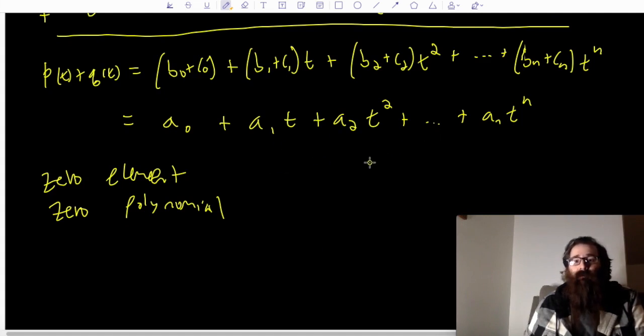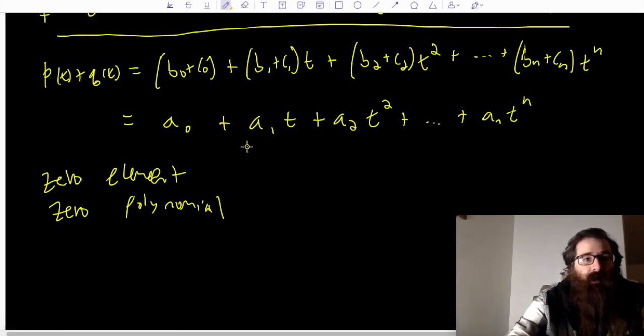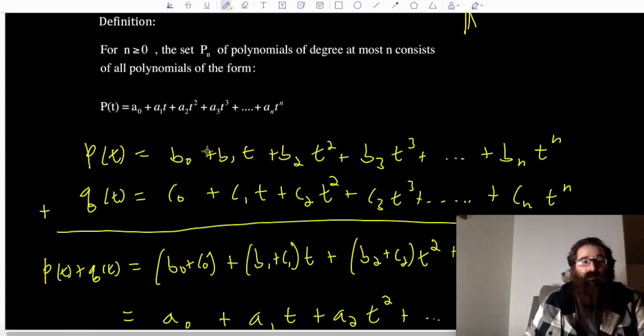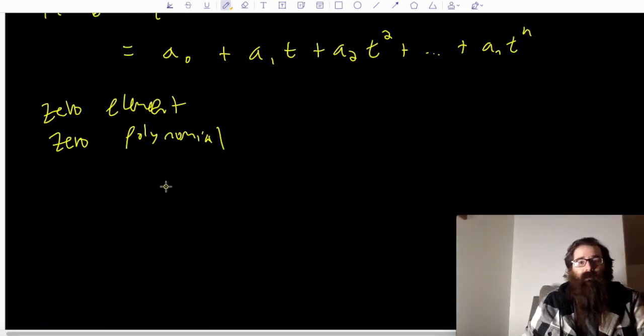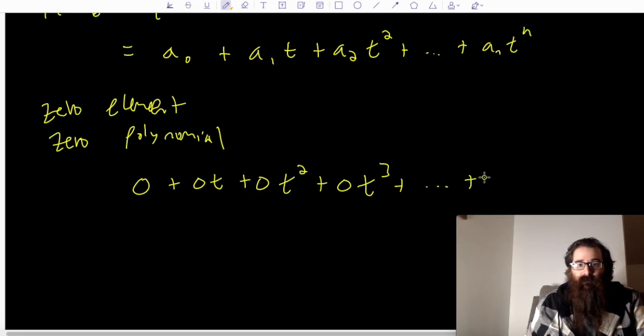When we think of a polynomial, we're not thinking of a constant, we're not thinking of a specific value for the input of it. We're just saying a polynomial in general. What I do have control over, though, are the coefficients, the scalars, right? And I do have a 0 element in my polynomial space, which would namely be the 0 polynomial, 0 plus 0t plus 0t squared plus 0t cubed plus so on and so forth plus 0 times t to the n.